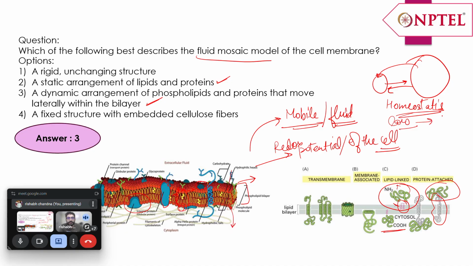This cell membrane becomes less fluid in nature. And if the temperature is high, this becomes more fluid. So this is basically explained by the fluid mosaic model of the cell membrane.